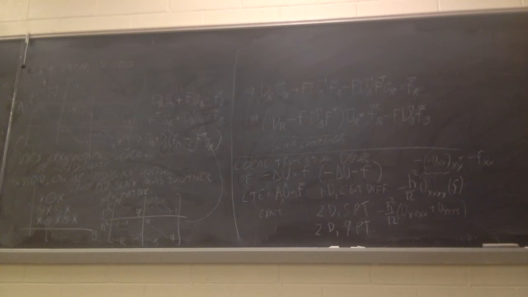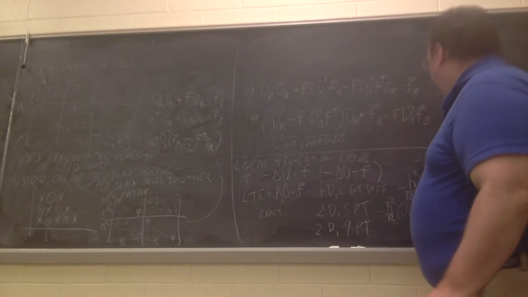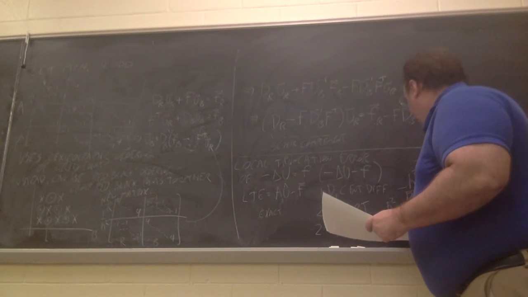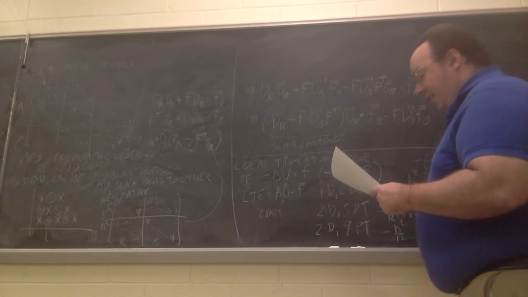I'm not going to make you do it, don't worry. So it's something you can look up. I think it's in my book. What's nice about the 9-point stencil is the local truncation error, while still having a h squared over 12 factor, looks like this.